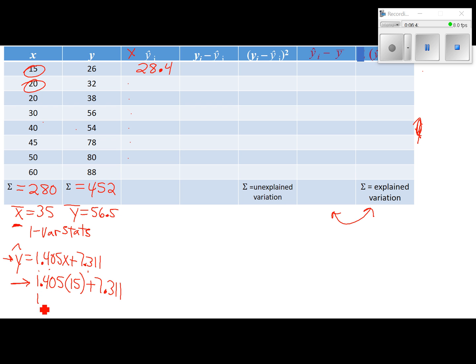So I've got 1.405, and our next x is 20, plus 7.311. Type all that into your calculator, and when I typed it into my calculator, I came up with 35.4.